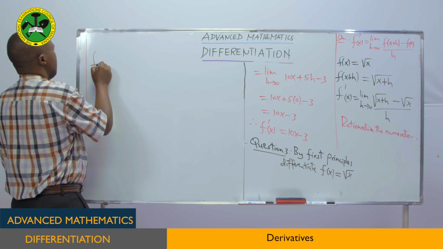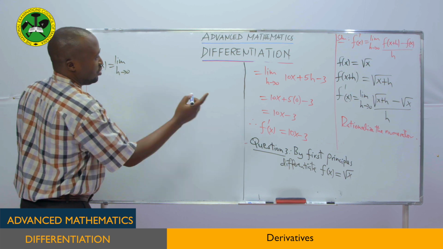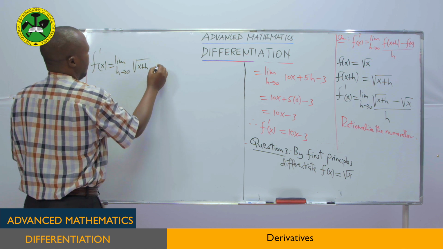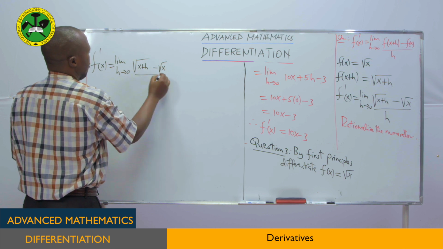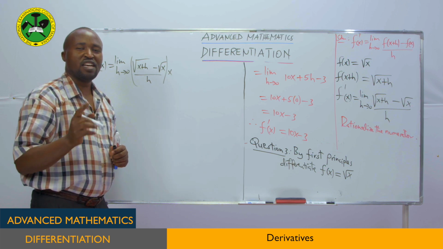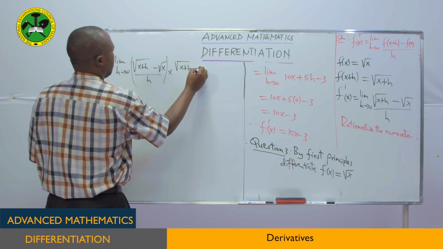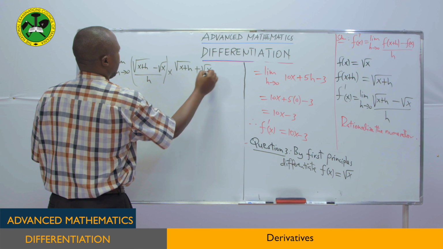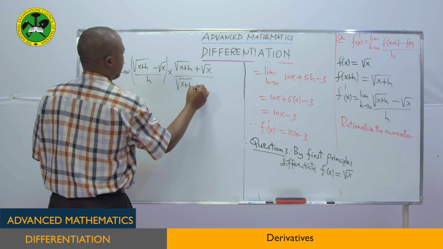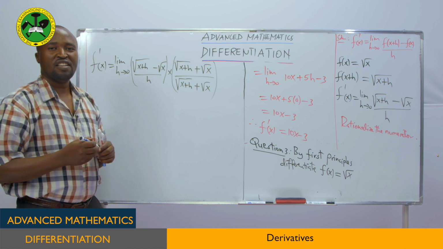That is f of x dash is equal to limit of, as h approaches 0, we have the square root of x plus h minus the square root of x over h. So here we times by the rationalizing factor, which is the square root of x plus h plus the square root of x over the square root of x plus h plus the square root of x. So that is our rationalizing factor.